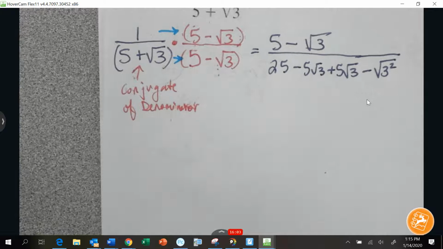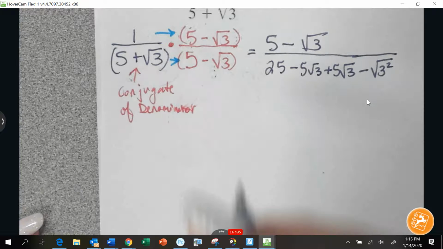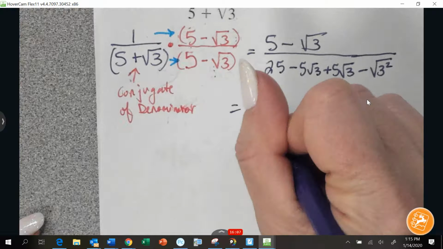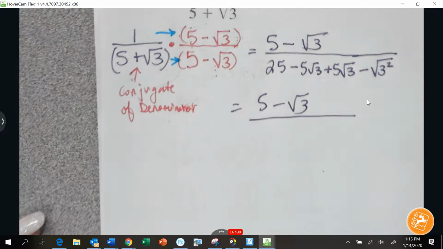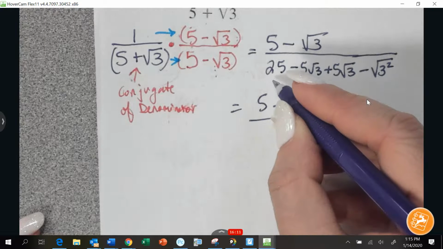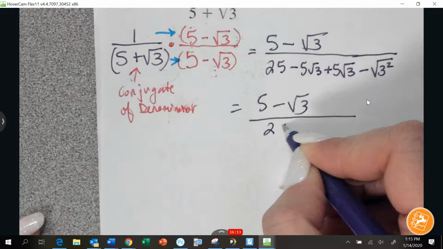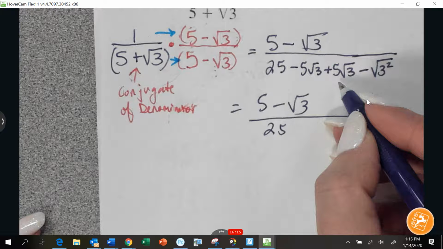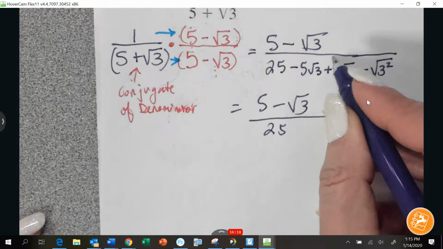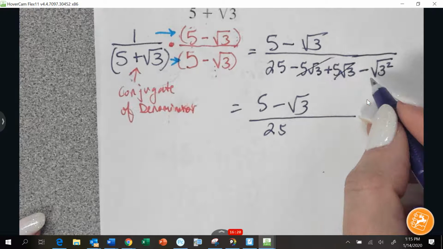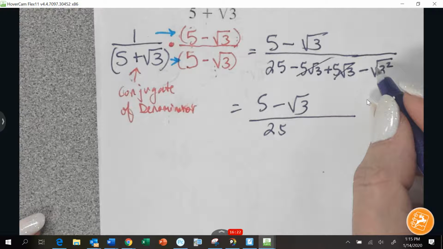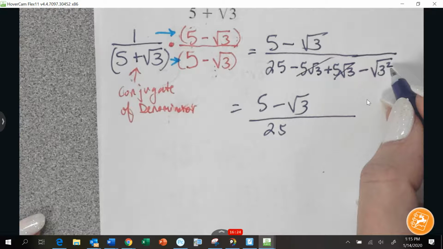Now I'm going to simplify what I got, and I have 5 minus square root of 3 on the bottom. I've got 25, and I'm going to take away 5, add 5 squared to 3. So what does that do? Let's cancel, and then I'm going to take away the square root of 3 squared.